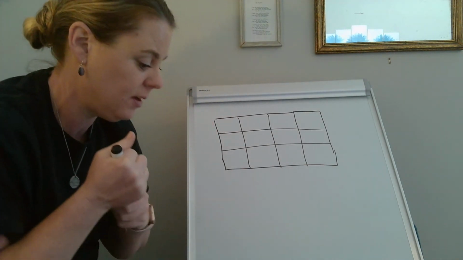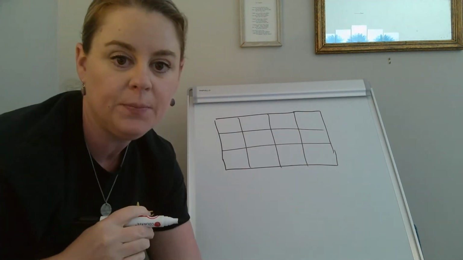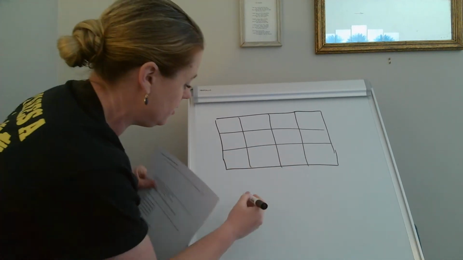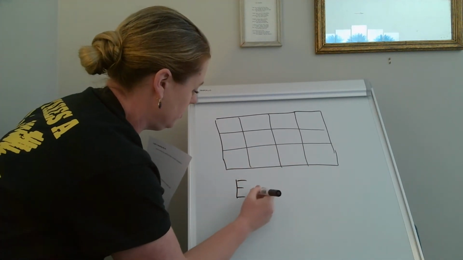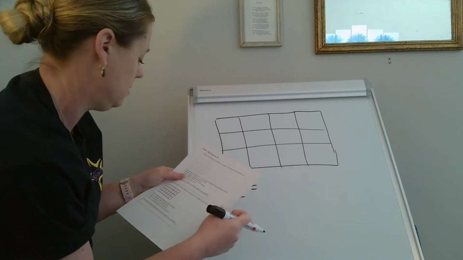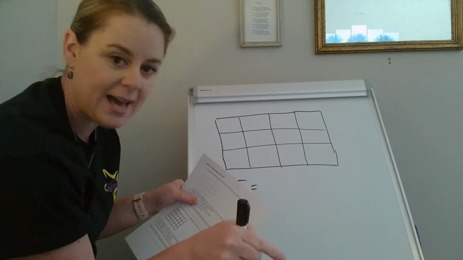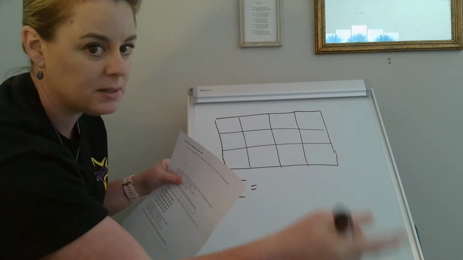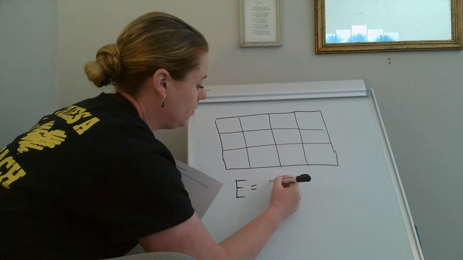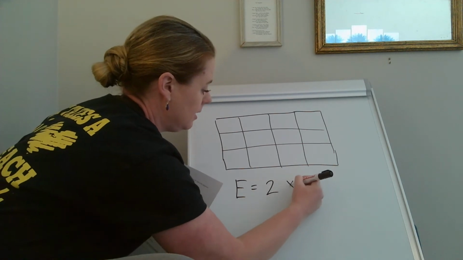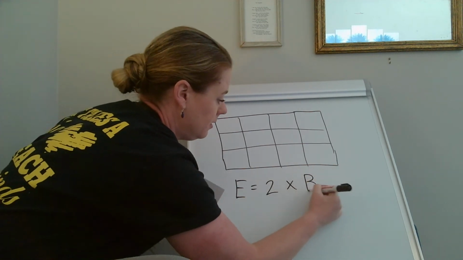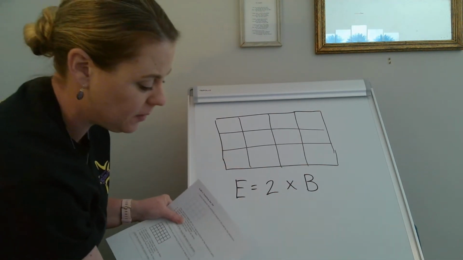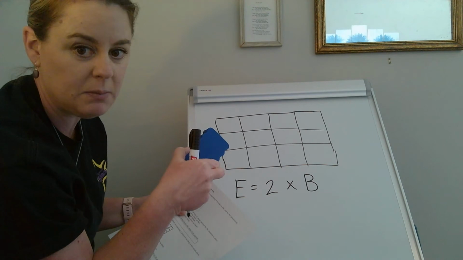So right now, I'm putting letters for the unknown. I'm going to put E for Esther. E equals 2 times as much as Ben. That would be 2 times Ben. So far we don't know Ben, but we might know Ben later, and that's why we have an eraser, and we can plug in Ben.